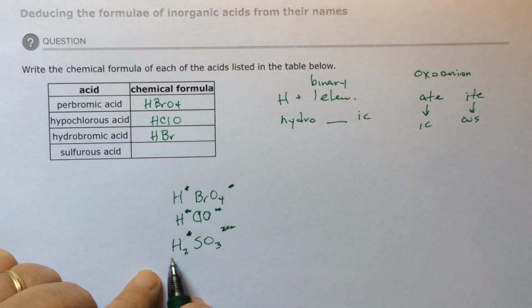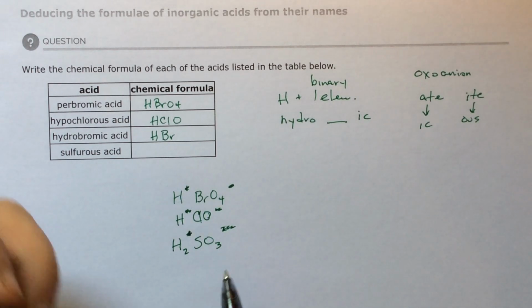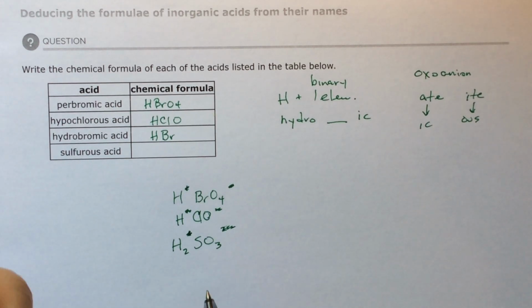A metal acting with an anion would be ionic, but this is not acting as an ion. This is a covalently bonded molecule. Acids are covalently bonded. But when you're figuring out how many hydrogens to use, I just fake it and act like they're ions, and they work perfectly.